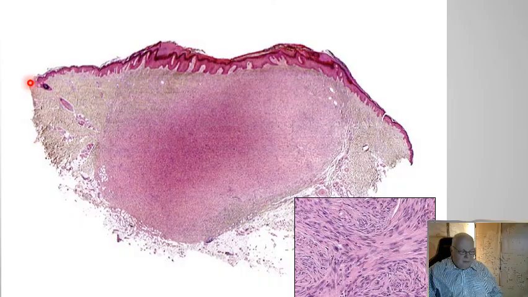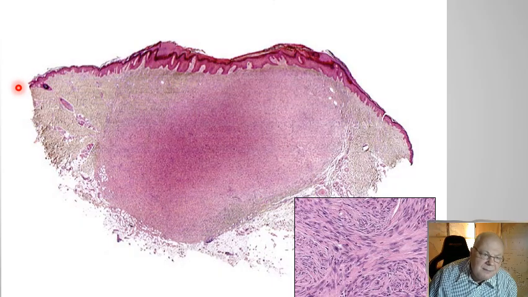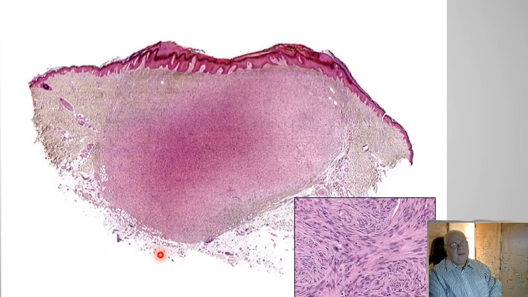By the way, from this image, the most important detail for the surgeon who removed this nodule is to say if the edges of excision are free or not. Here you can see that the tumor is extremely close to the deep excision edge of the tissue.